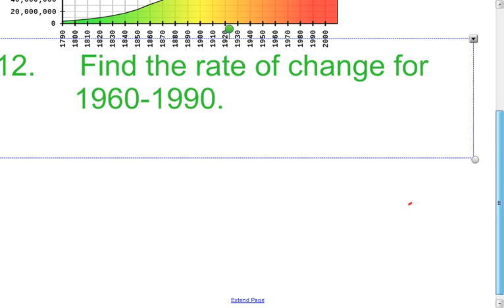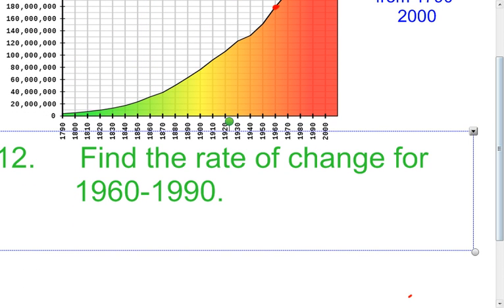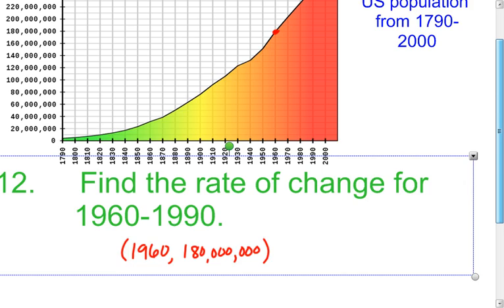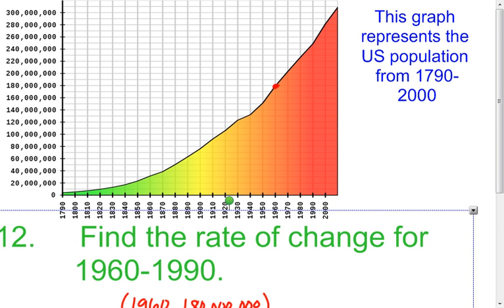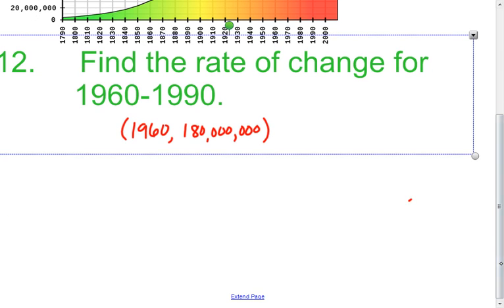I have one coordinate that goes 1960 and 180 million people. Then I'm going to go back up to the graph and go to the year 1990, which is right here. And I look across there, and it's about 250 million people.